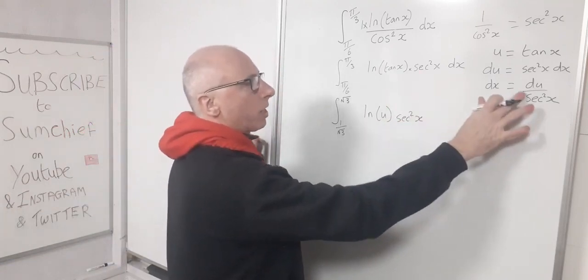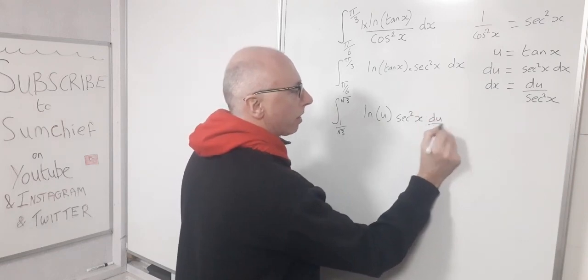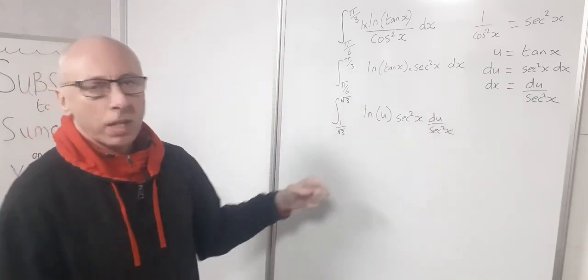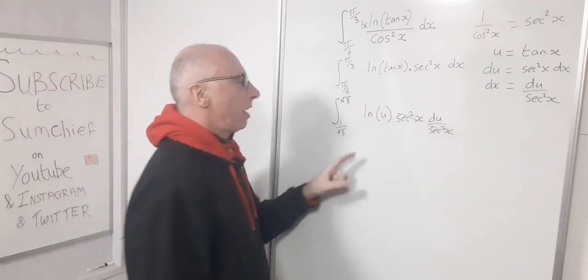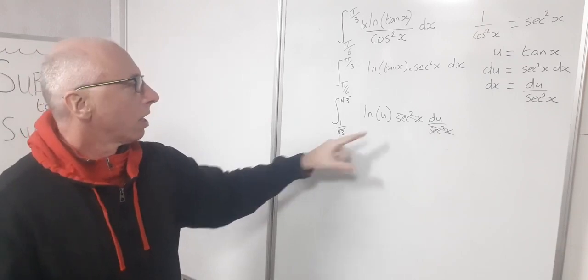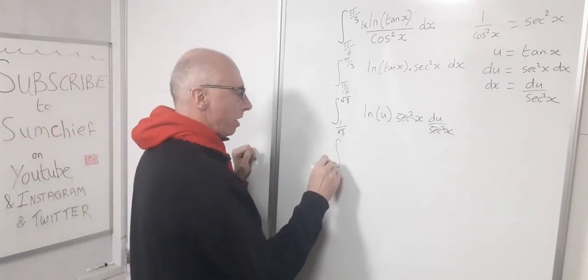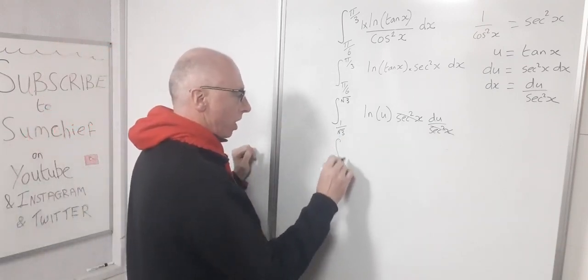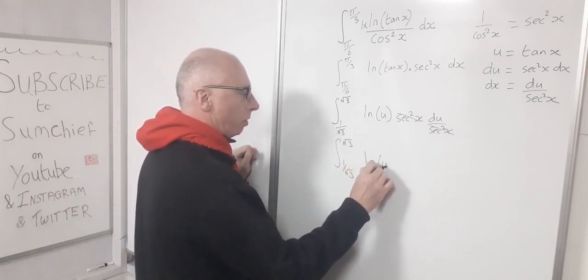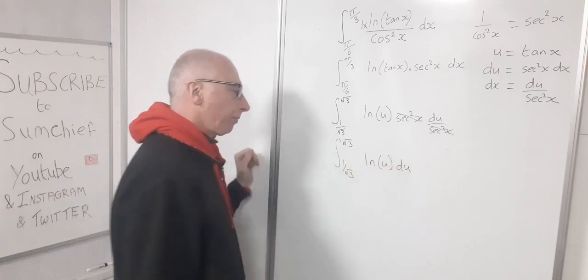So dx equals du over secant squared of x. So you can see straight away these two cancel out, and then we're left with natural log of u. So let's just write that in there. 1 over square root of 3 to square root of 3 natural log of u du.